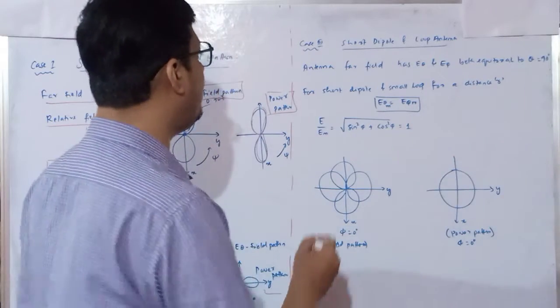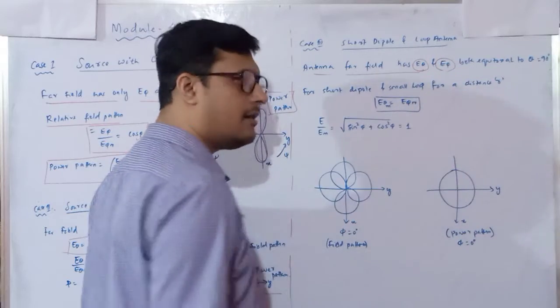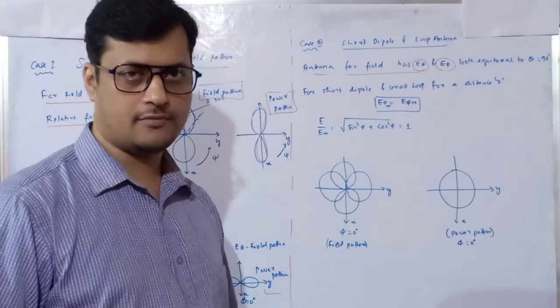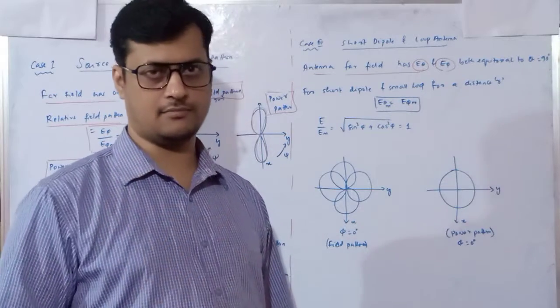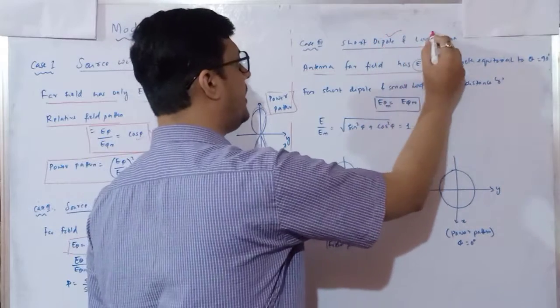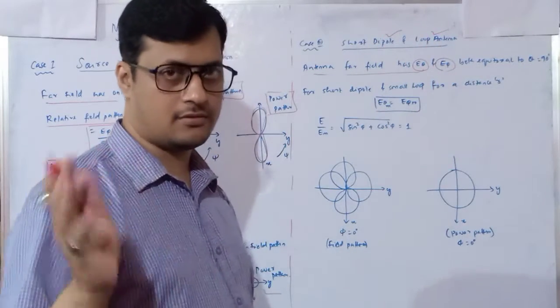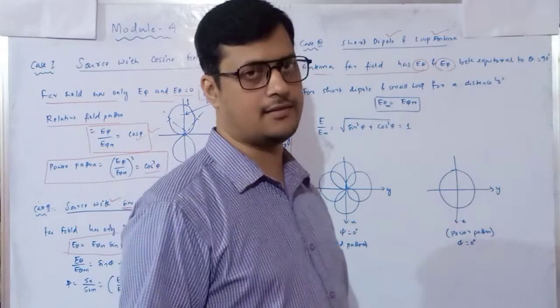Okay. So for the antenna in the far field region, E theta and E phi are both perpendicular to each other, and both are existing. In the short dipole and loop antenna, it is not a point source. In a point source, we can consider either a sine wave or a cosine wave.